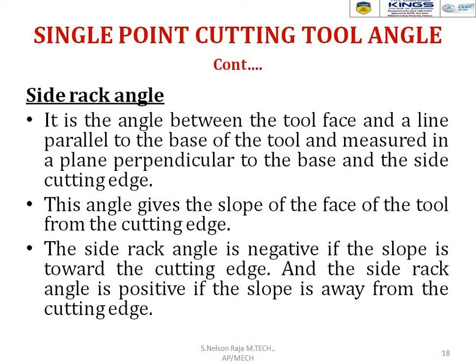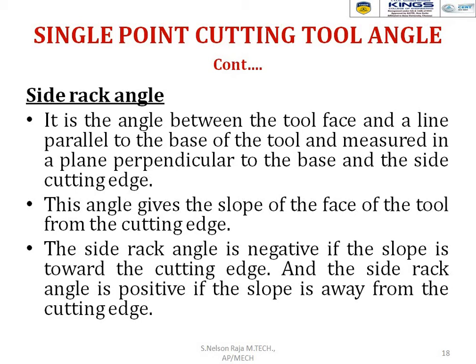And the side rake angle is the last angle. It is the angle between the tool face and the line parallel to the base of the tool, measured in a plane perpendicular to the base and side cutting edge. This angle gives the slope of the face of the tool from the cutting edge.